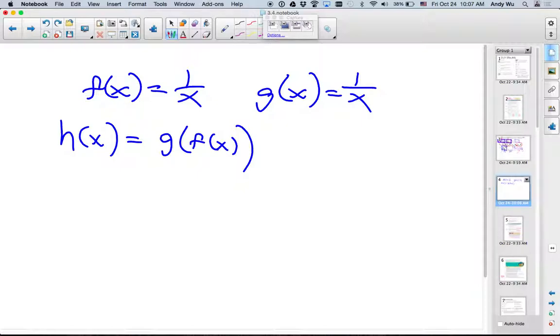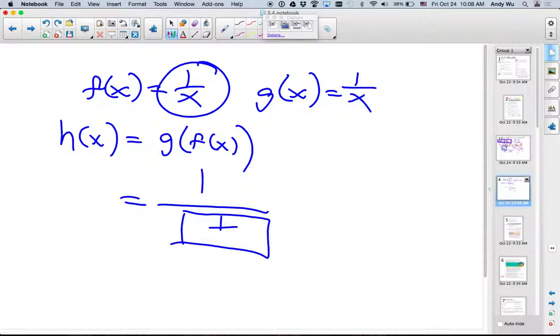So we take g of x, which is 1 over x, but instead of x, which is the input, you input f of x. Okay, so this is 1 over 1 over x. That simplifies to what? x, okay?